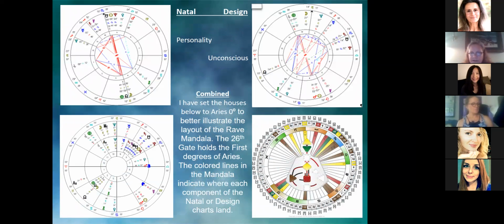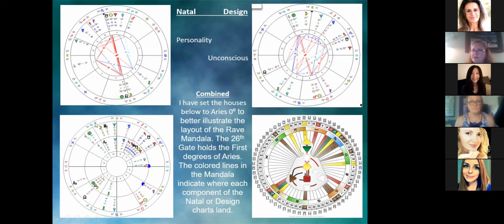So this right here shows our natal and design astrology charts for Wei. This is the standard natal chart for a free house. And this is the design chart, ruling the personality, ruling the unconscious.